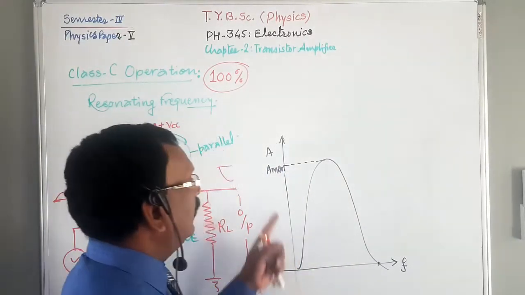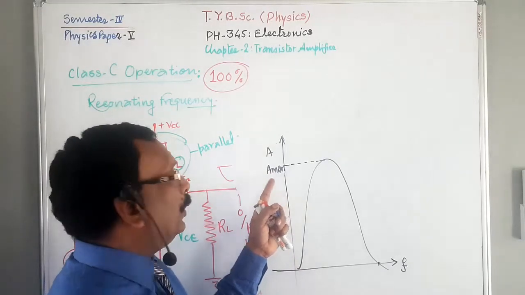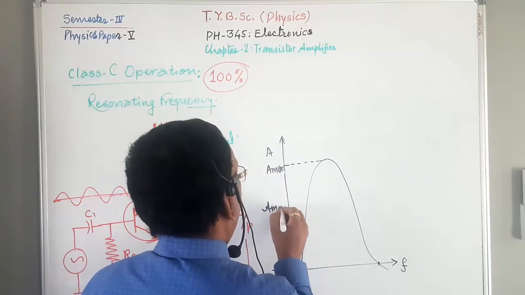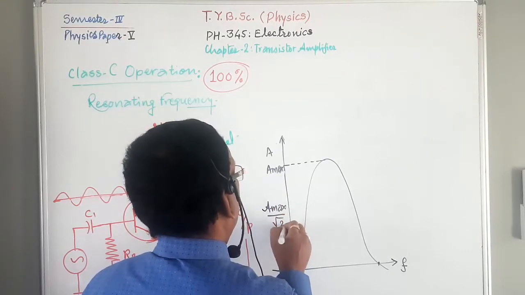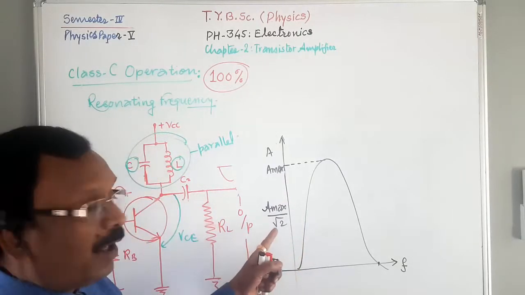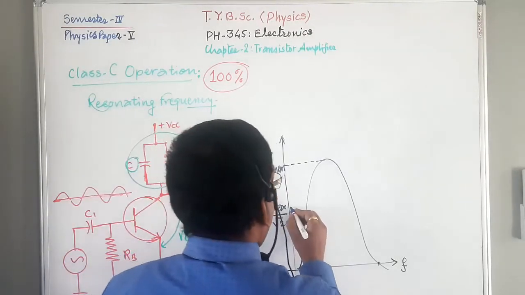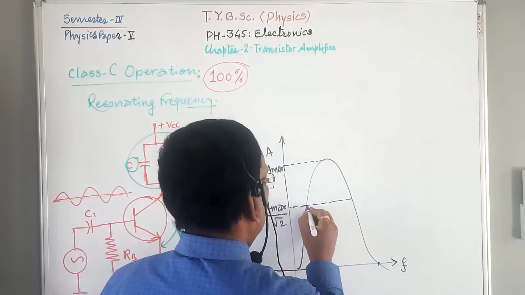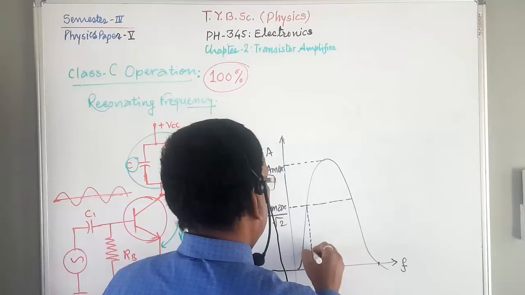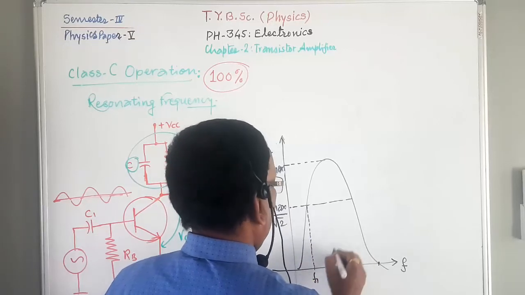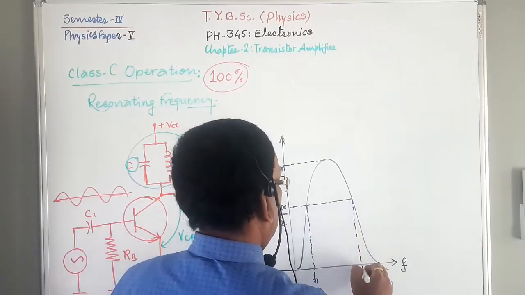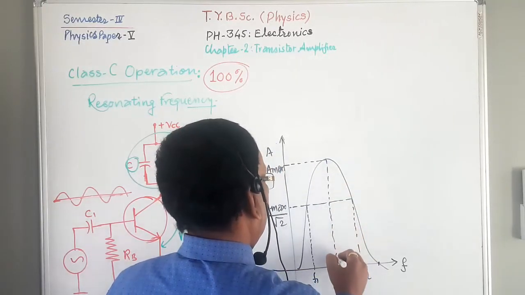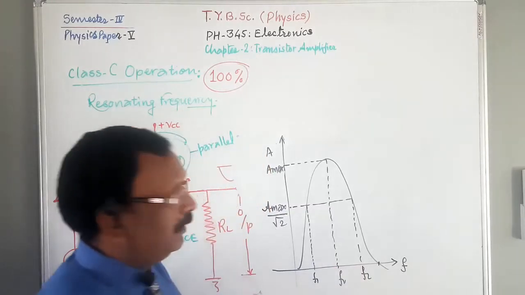When we divide this by root 2, that is 1.414, we get the value like this. Here this is the lower cutoff frequency, this is the upper cutoff frequency, and this is the resonating frequency.